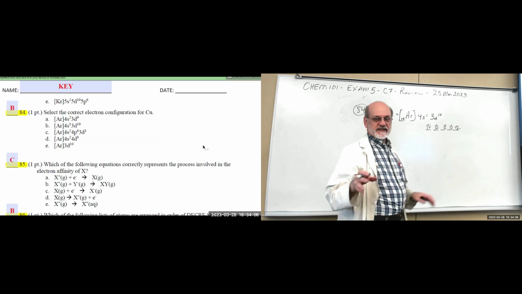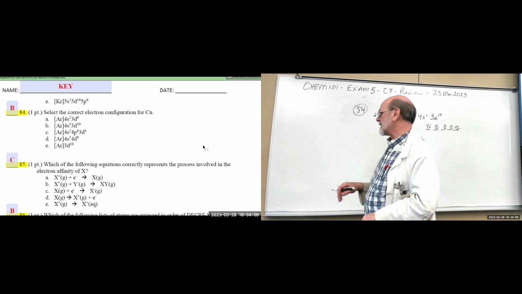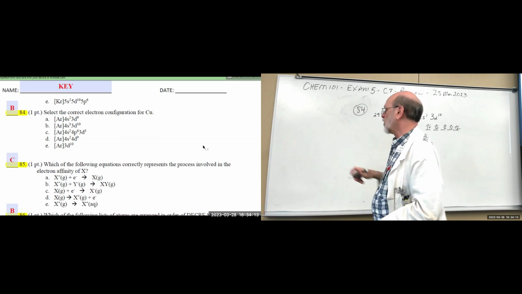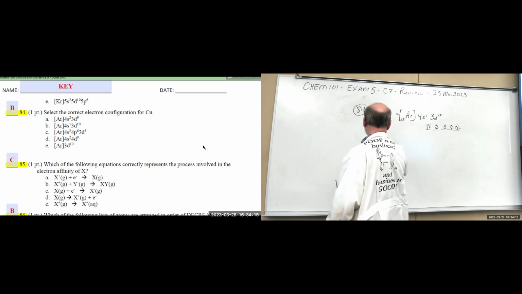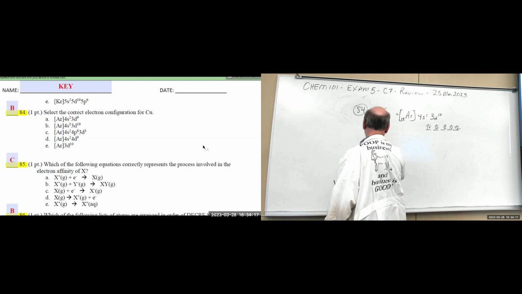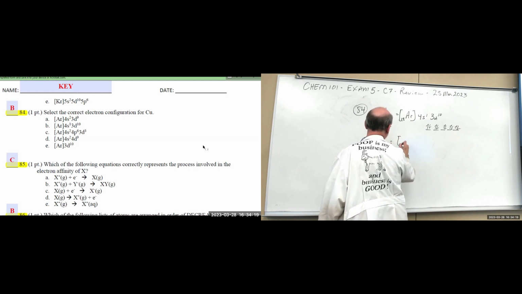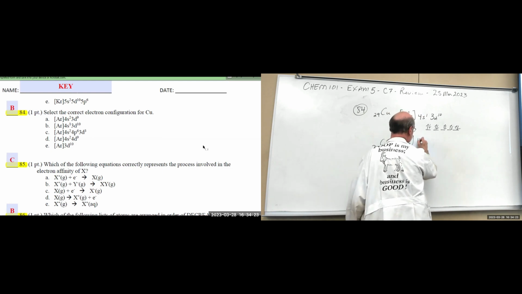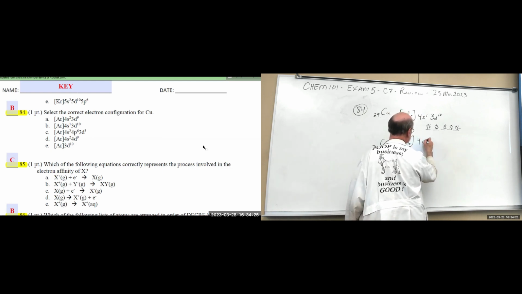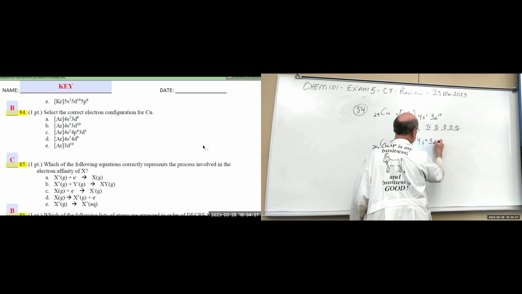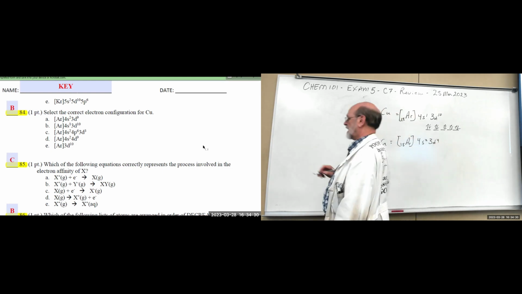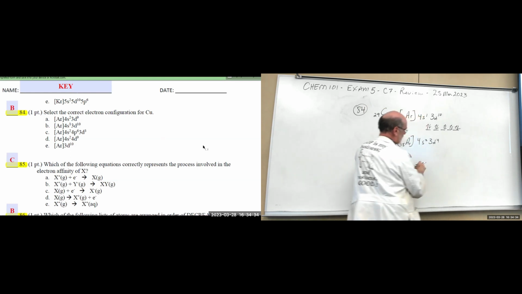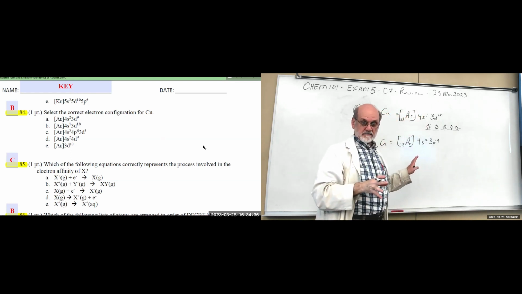There's another place that this happens. Let's see. 1, 2, 3, 4. Chromium, 24. So chromium would be like this. And we would think that chromium would be 4s2 3d4. Right? 1, 2, 3, 4. Yeah. That's what we would expect.